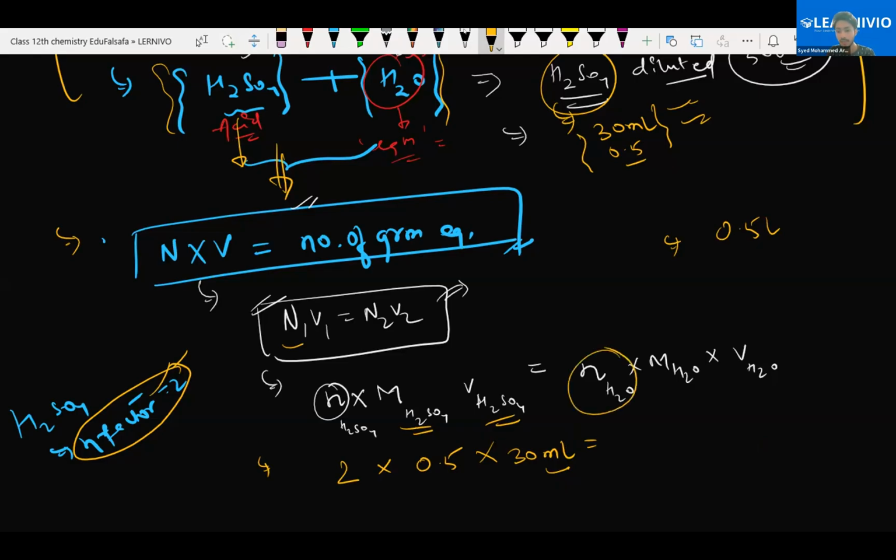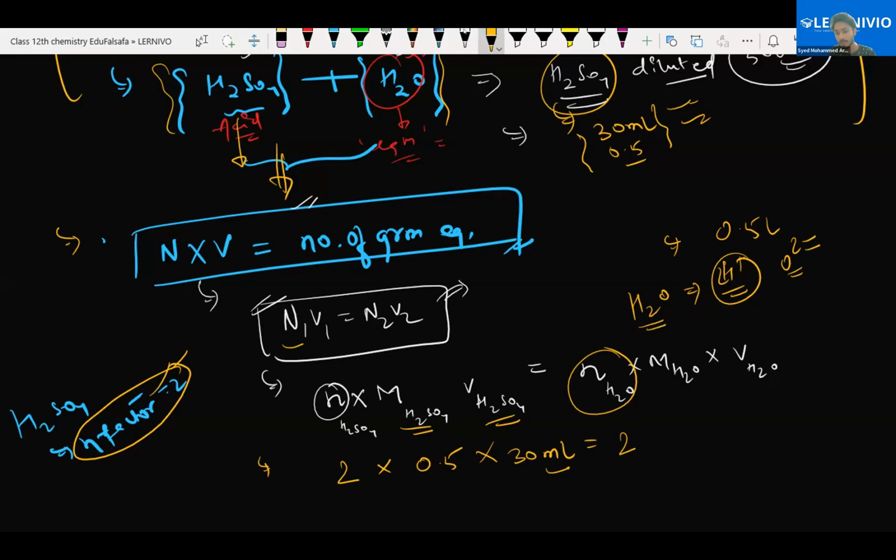So what is the n factor of H2SO4? The n factor of H2SO4 is 2. Again, H2O is there, and what is the n factor of H2O? The 2 H plus ion. 18. No, n factor, not the molar mass. Oh, yeah, n factor is 3. N factor is 2, not 3. Why? Oxygen holds a charge of -2, hydrogen holds a charge of +1, and 2 hydrogens are present.